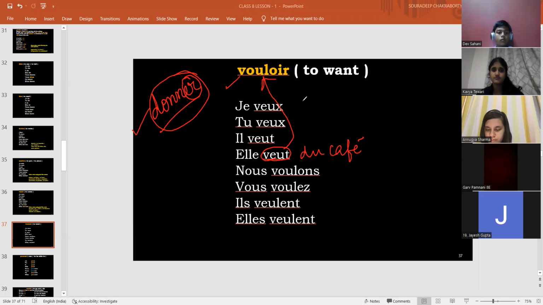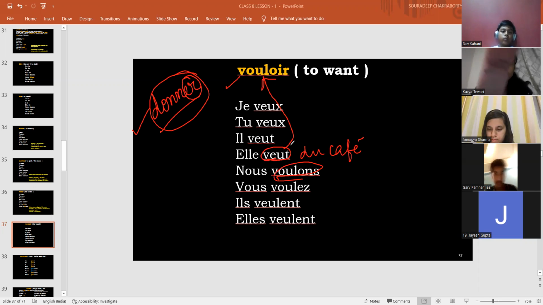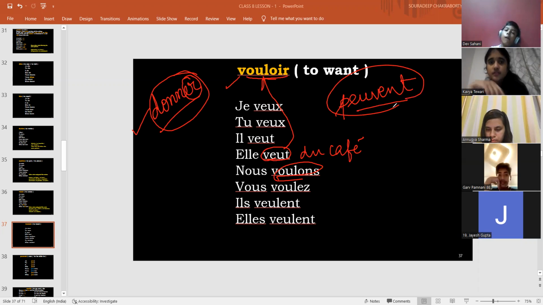If we see the form written somewhere, we can easily make out it comes from the verb vouloir. Now if I give you "peuvent", can you tell me from which verb this is? Pouvoir. Yes, it comes from the verb pouvoir.